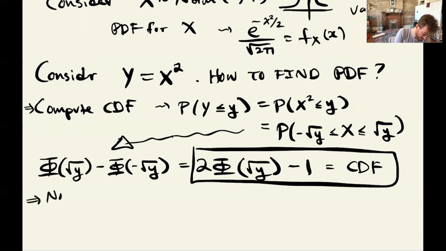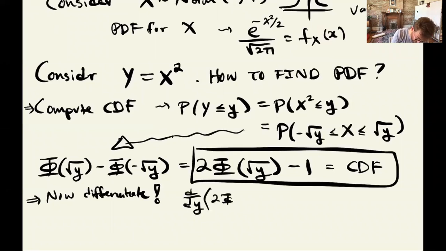So now differentiate. Well, let's get to it. Let's take d/dy of this expression, 2 times capital phi of square root of y minus 1.